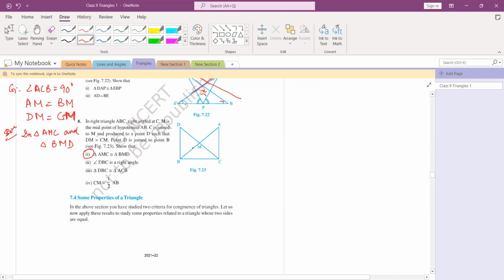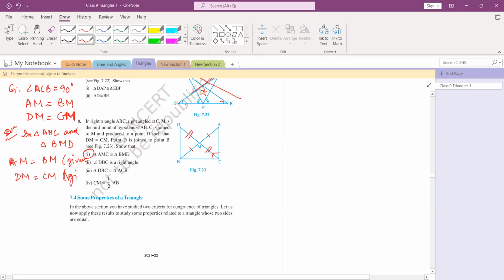Fine. So it is given that this side is equal to this side. This angle is 90 degrees. Now see whatever information we have. So we have one side, AM is equal to BM, which is given to us. Another thing is given that DM is equal to CM. So this side is equal to this side, another side which is given.